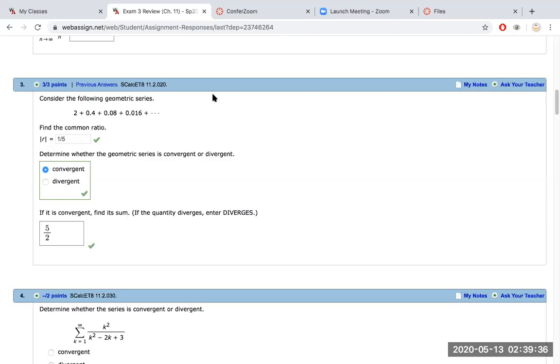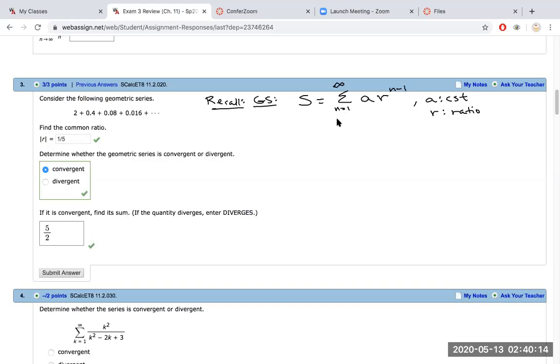So for this part, recall for a geometric series, we're going to have your series S be equal to the summation n equals 1 to infinity of a times r to the n minus 1. A is some constant, and r is your ratio.